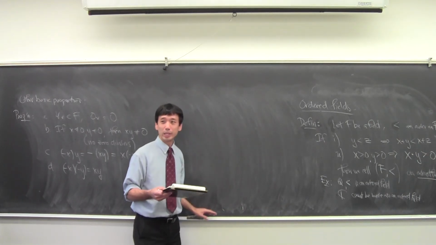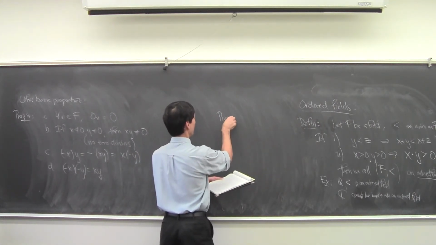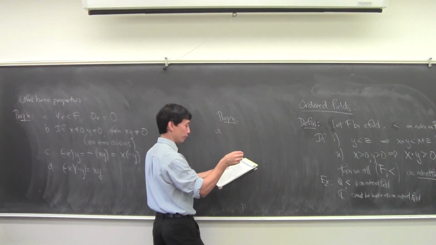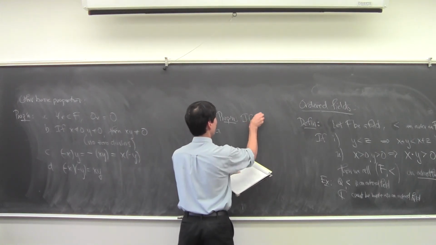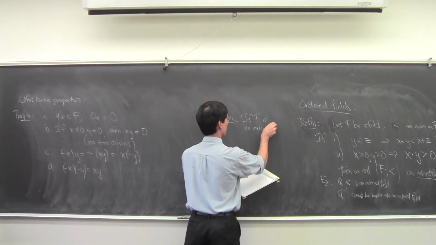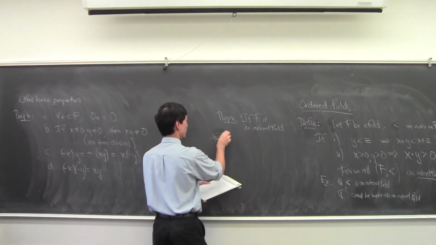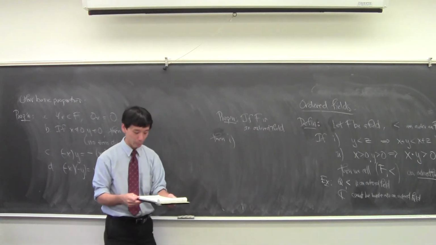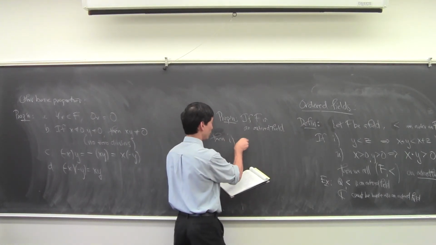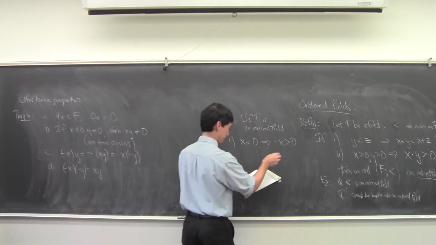And then there's a bunch of properties that follow from this, and I'm just going to state them. Whenever you have an ordered field, so if F is an ordered field, then a bunch of things happen that you expect to happen. If x is less than 0, then negative x is bigger than 0.